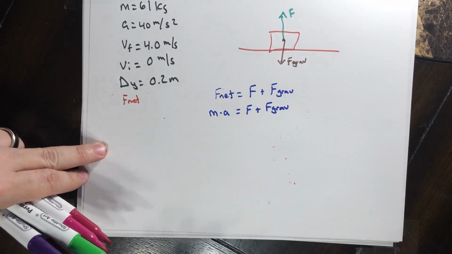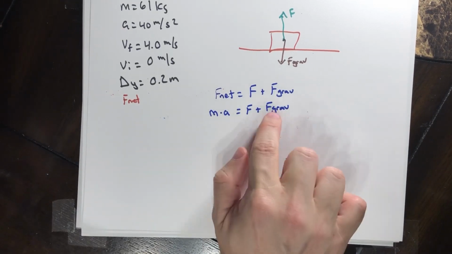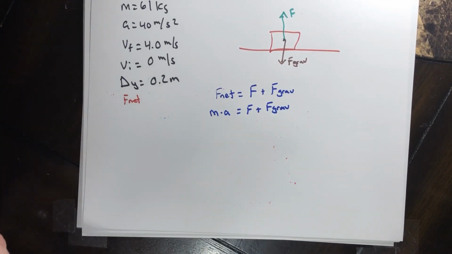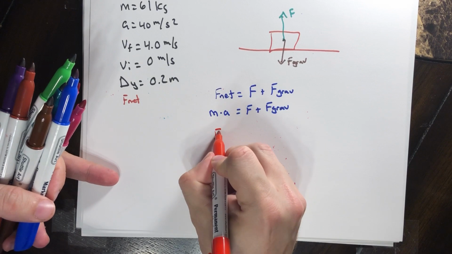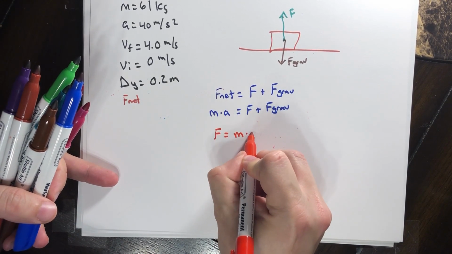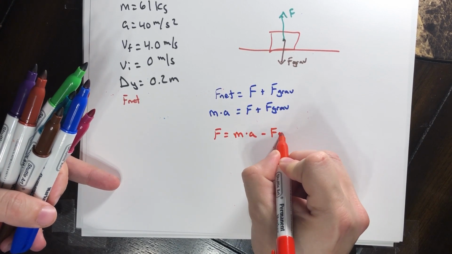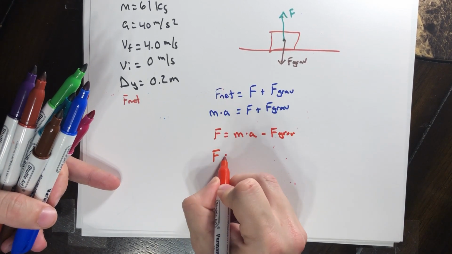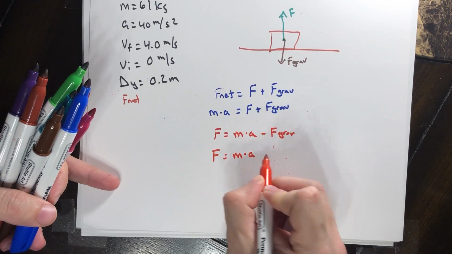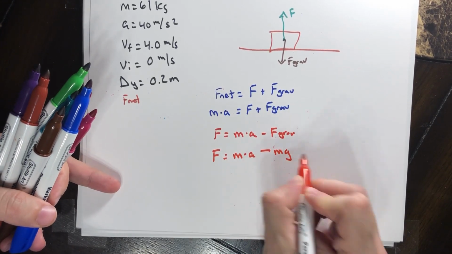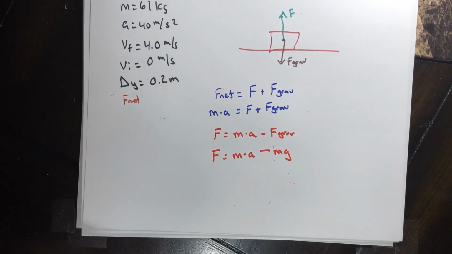Again, we're trying to solve for his force. So if we subtract the force of gravity to the other side, we're going to end up with his force equals ma, his mass times his acceleration, minus the force of gravity, which if I rewrite that, is ma minus mg. So again, we can plug all that in.